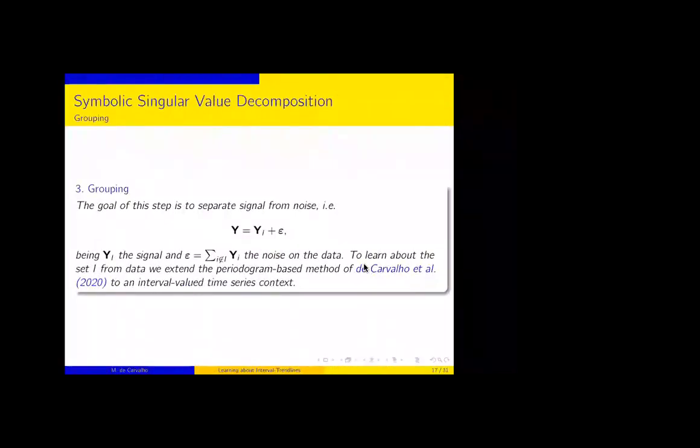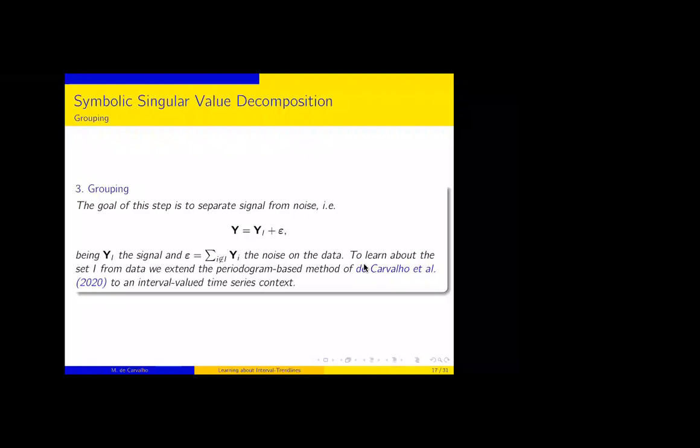Well, we extend an approach based on the periodogram that we proposed in 2020, but this extension is adapted to an interval valued time series context. So roughly speaking, the idea is to build a periodogram from the interval valued data, and then just resort to the method we've developed earlier.